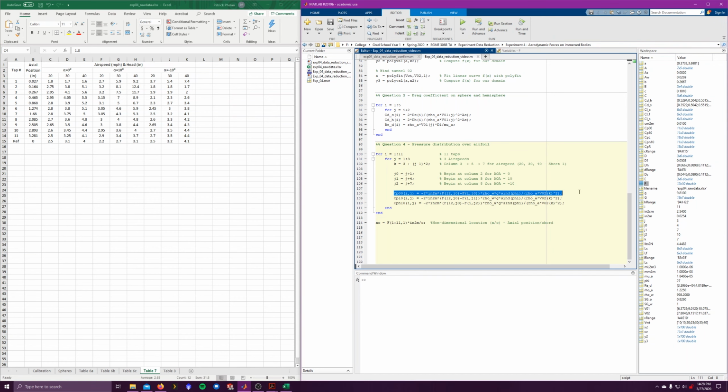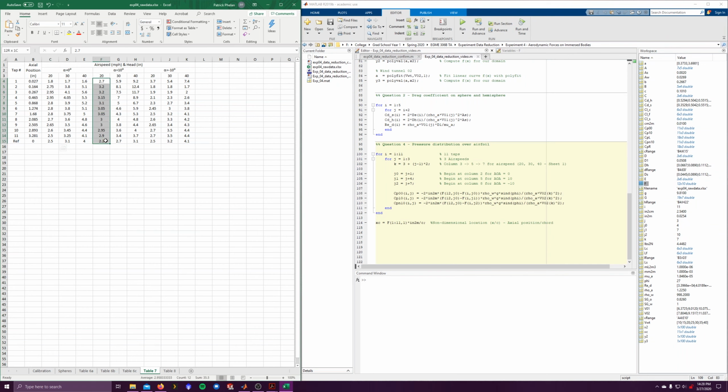So for all of this, I'm using J0 here and J0 here. And then we're using similar logic for the other lines of code. So for the angle of attack of 10, now I want to start in this column. So I have J1 equals J plus 4. Let's say we're starting for the first fan speed of 20 miles per hour.